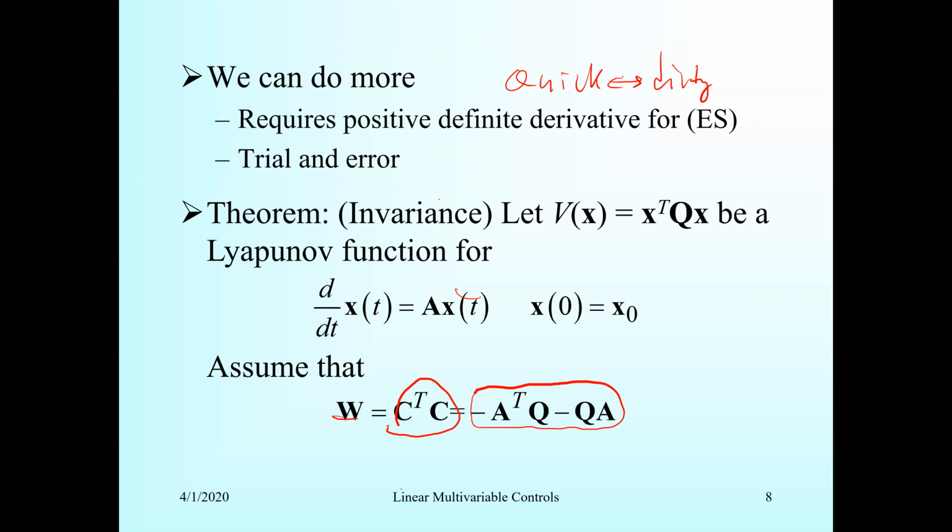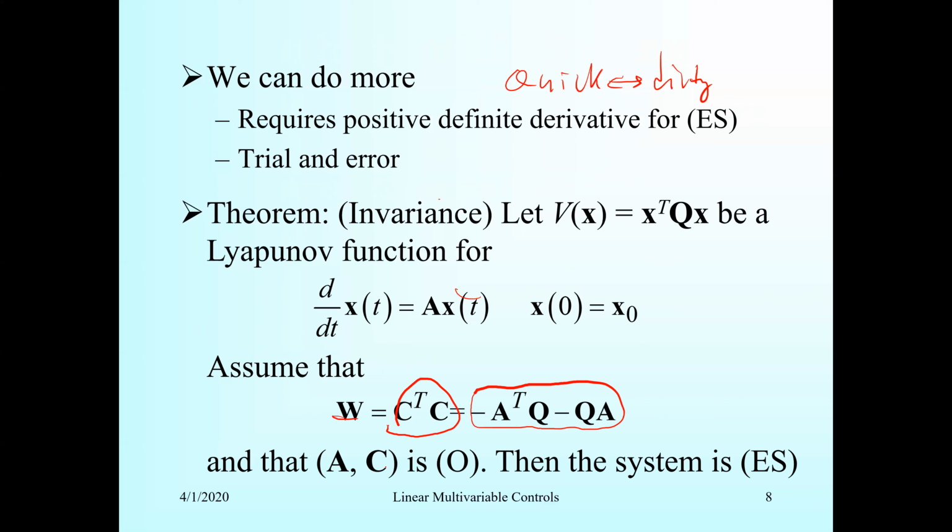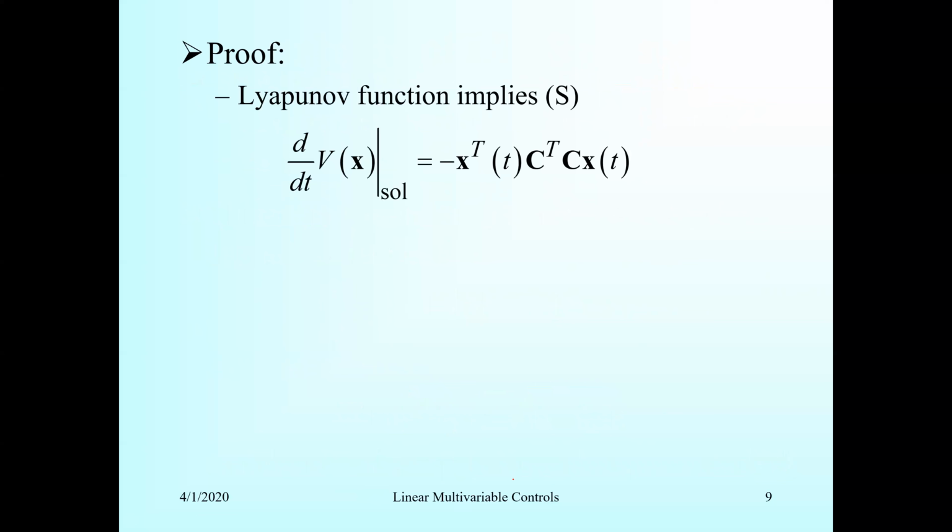And so then you say, oh, if (A, C) is observable, then everything is exponentially stable. So that's an interesting way to look at this. Let's try to prove it. If you have a Lyapunov function, it already implies stable in the sense of Lyapunov.